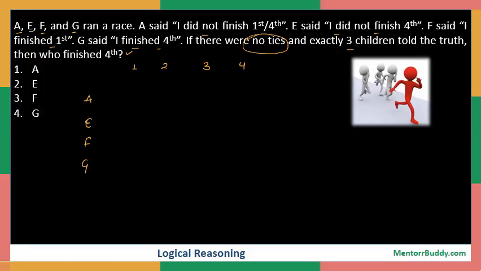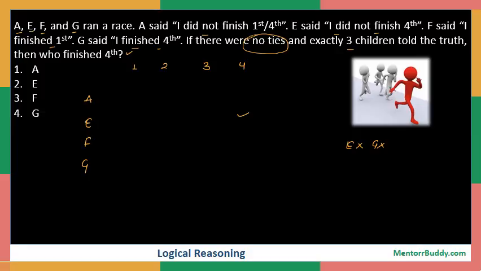So let me assume one of them is speaking the false statement. Suppose E is speaking the false statement. If E says I did not finish fourth, and that is false, then E has finished fourth. But at the same time, if E has finished fourth, the statement given by G, that I finished fourth, goes wrong. That means if E is wrong, G also goes wrong.